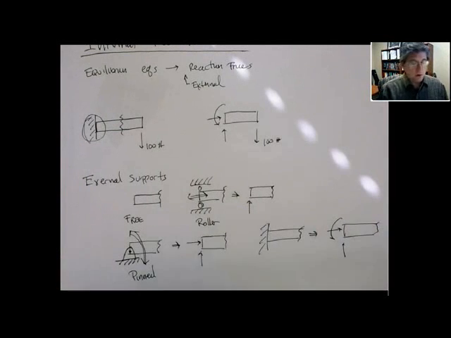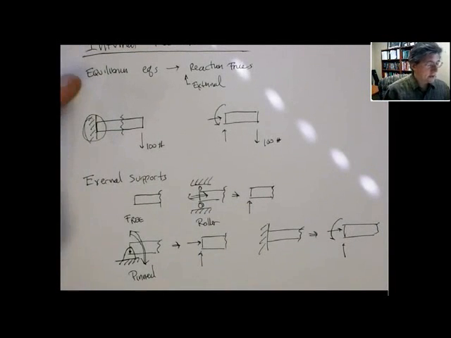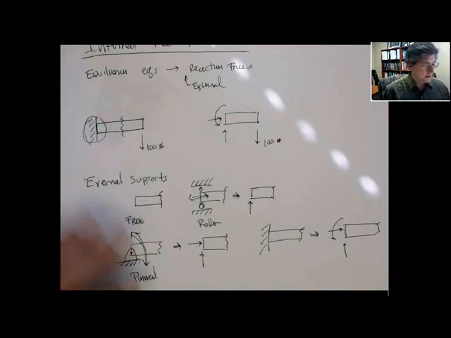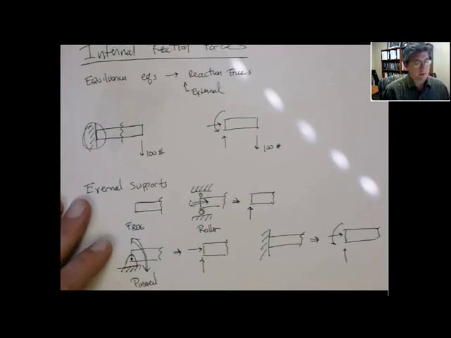Okay? Alright. So last time we used the sum of forces and sum of moments equals 0 to determine these external reaction forces. Well, in this class, one of the things we're concerned about is the size of components so that the stresses and the strains do not exceed certain values, so we can design these components. The stresses are a result of the internal resultant forces.